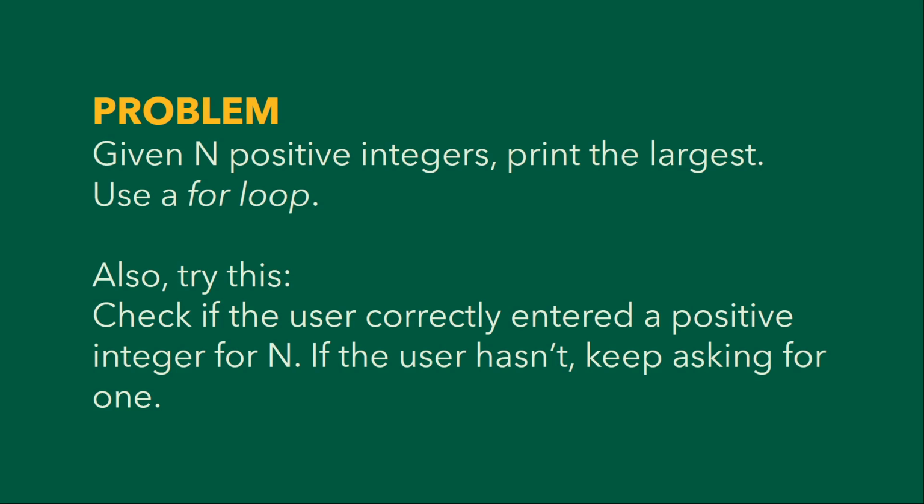What if the user inputs 0 or maybe a negative number, -5? Obviously, that's not a valid number. So instead of just letting it be, keep asking the user to enter a valid value, which is, I guess, 1 and above, right? So try this on your own.